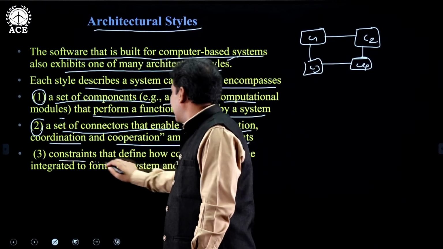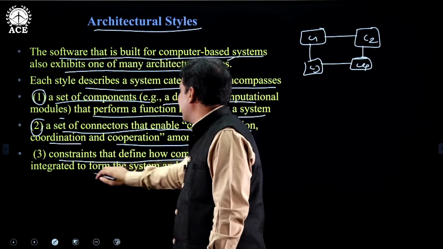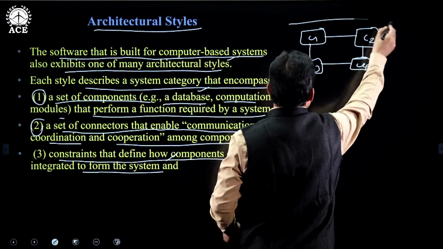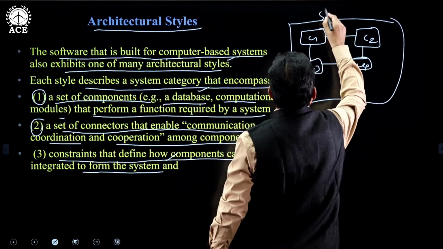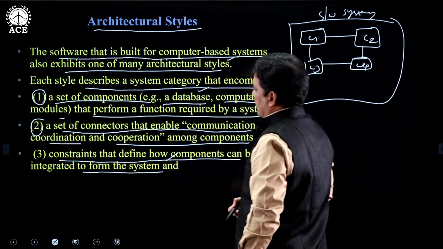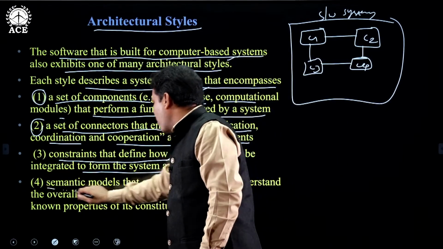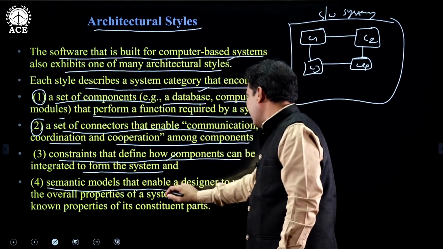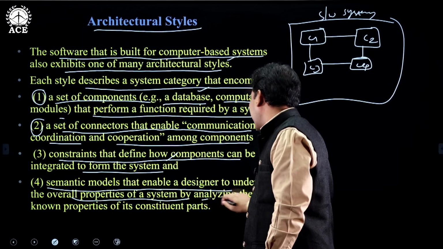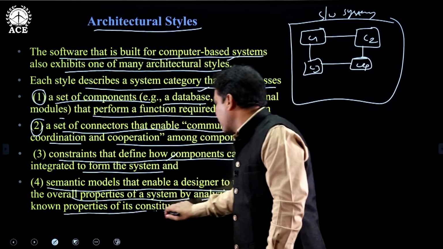And constraints that define how components can integrate to form the system. This is integration among components, the complete software system. And semantic models, meaningful models that enable a designer to understand the overall properties of a system by analyzing the known properties of its constituent parts.